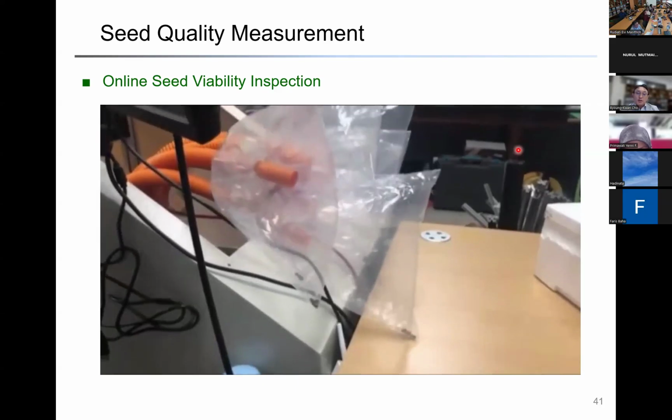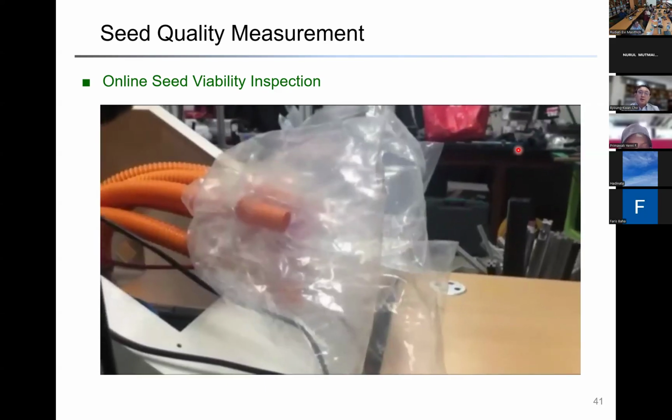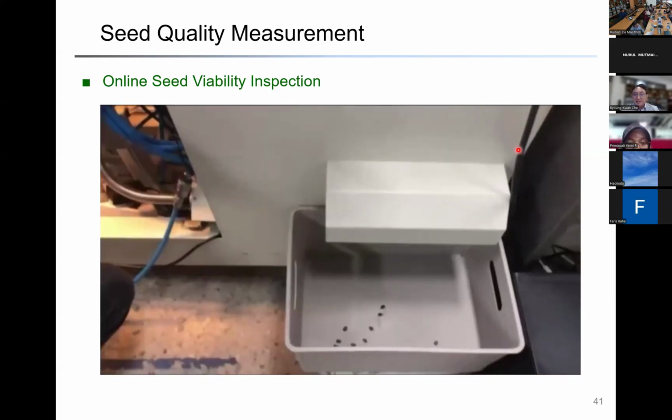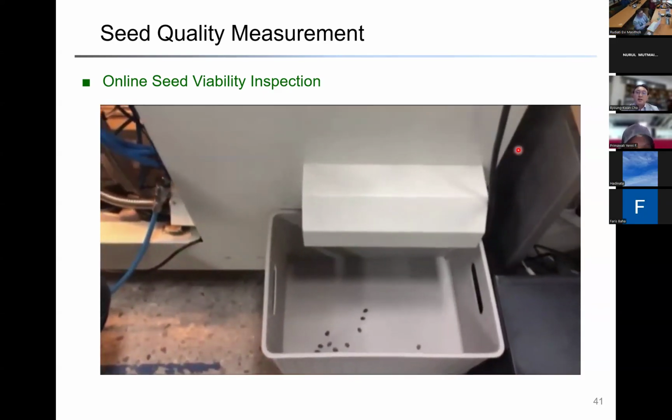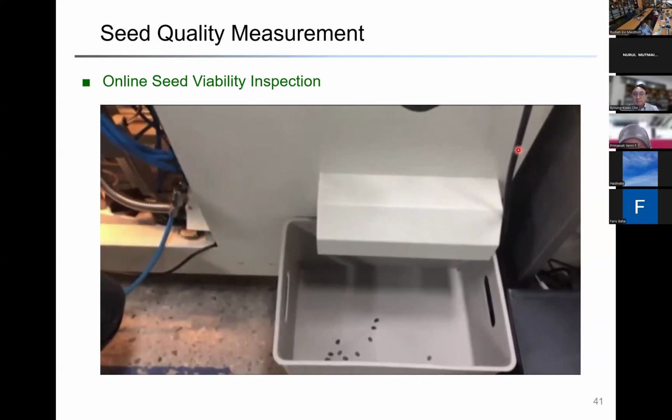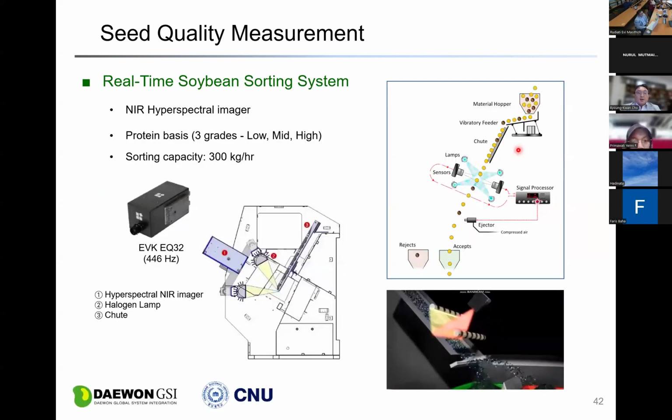If the seed is good, it passes through the conveyor belt and is collected in a basket like this. This way, we can divide good seed and bad seed. That is a prototype of the seed inspection system.